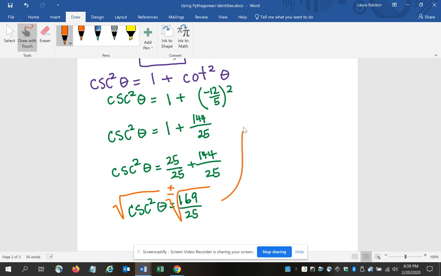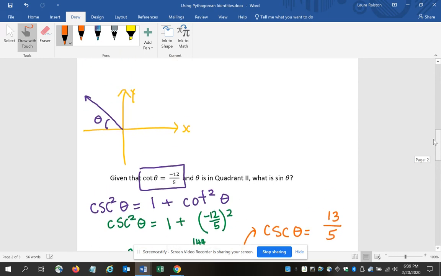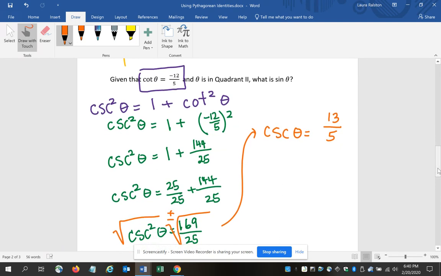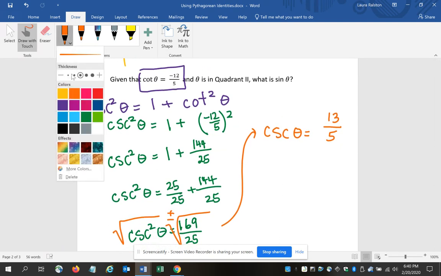So I would have, I'm going to go up here to the side, cosecant of theta equals 13 over 5. And I got to remember, let me go back up here to my picture, that I'm in the second quadrant. In the second quadrant, the cosecant would be positive. So cosecant is positive 13 over 5.